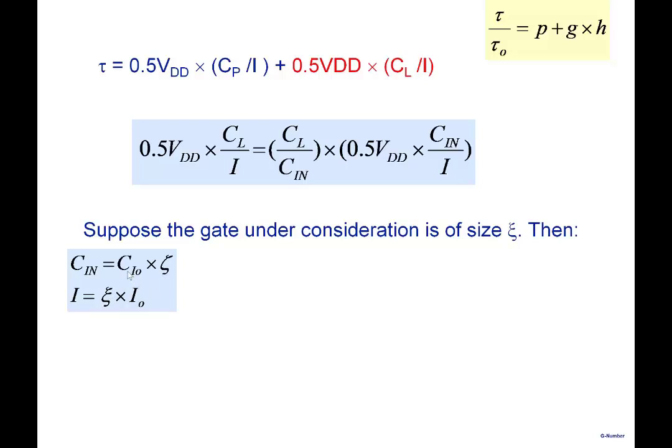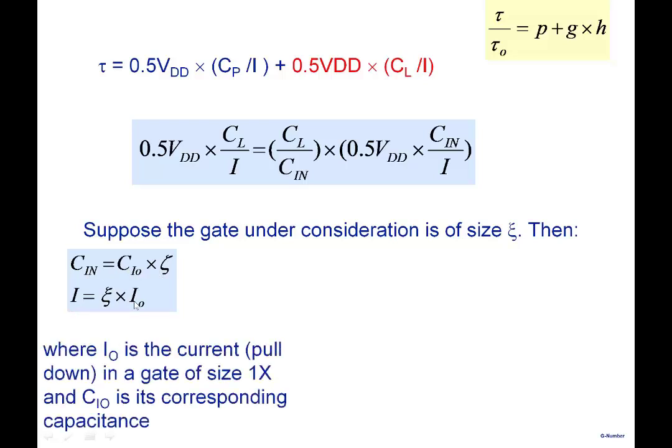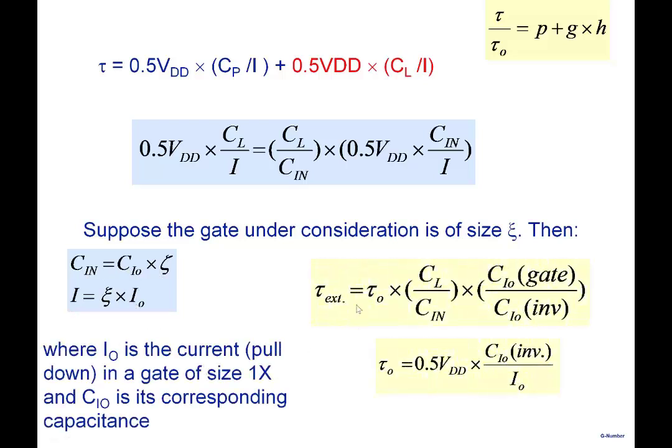Those are for a gate of size 1x, not an inverter of size 1x. The gate I'm talking about may be of some arbitrary size, maybe 2x, 4x, 6x or whatever. So C in is Ci0 into this factor, and I is also into this particular factor.